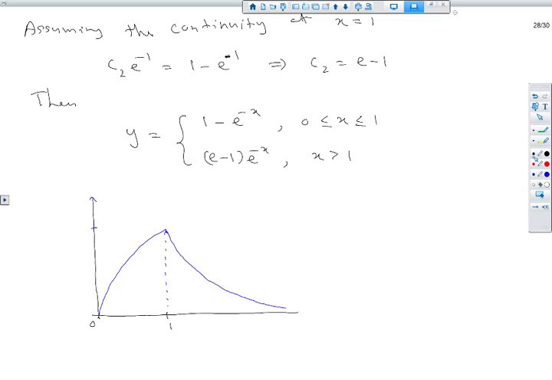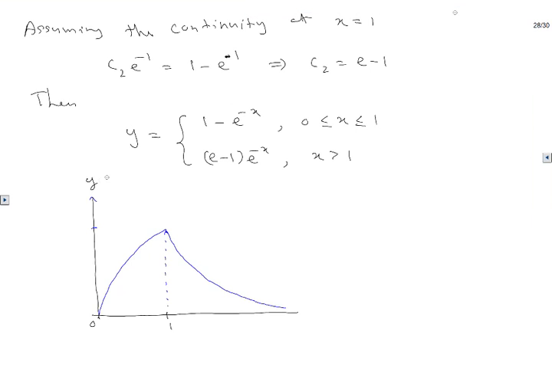So this is a good example for an electric charge. Its x is actually time here. So you can see that the e to the negative x part is a decay part, and this is the 1 minus e to the minus x part.